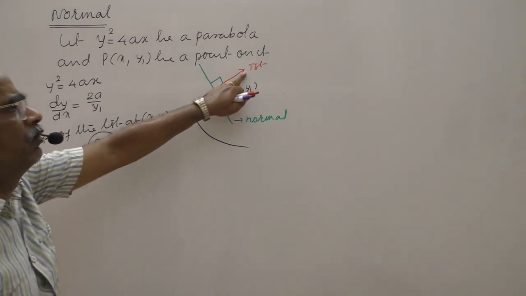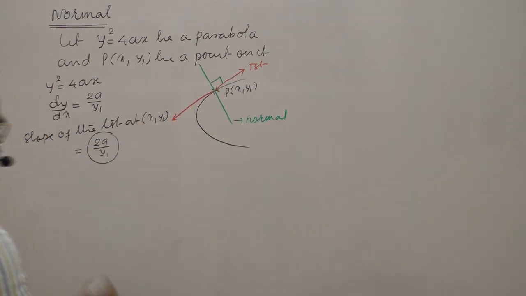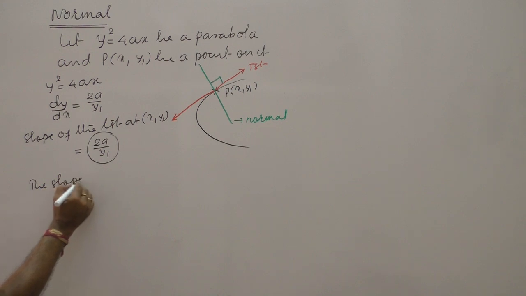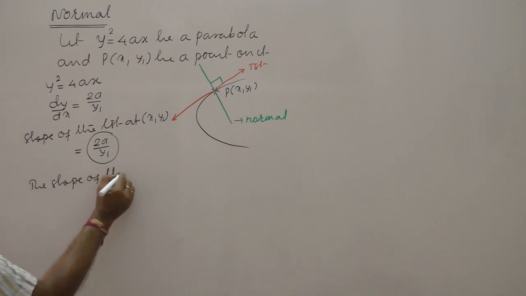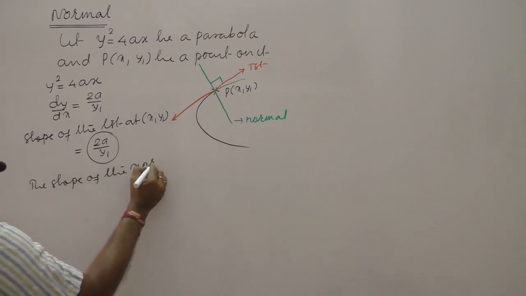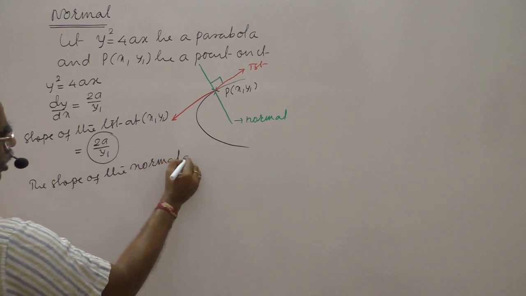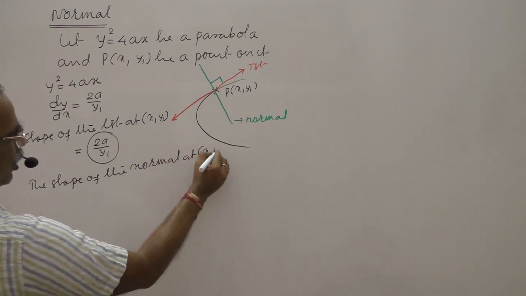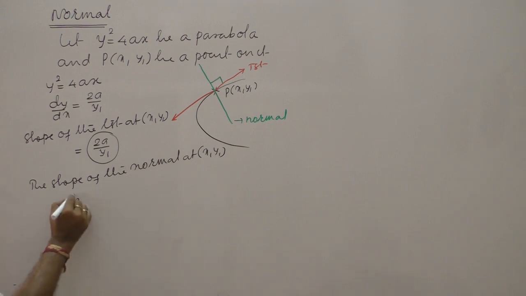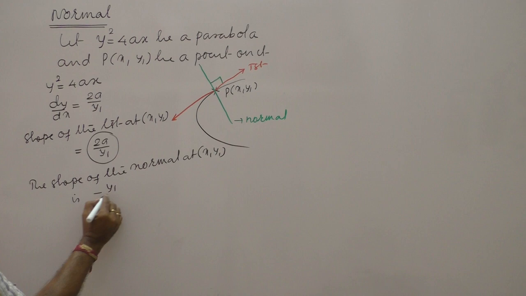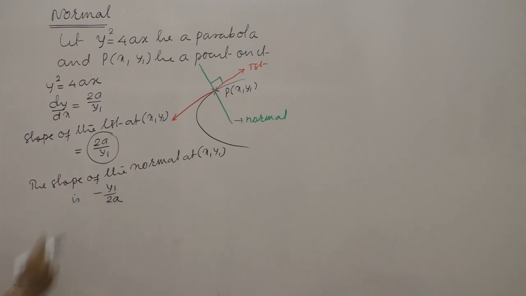What about the normal? The normal is a line perpendicular to this. Therefore the slope of the normal at the point (x1, y1) will be minus y1 by 2a.